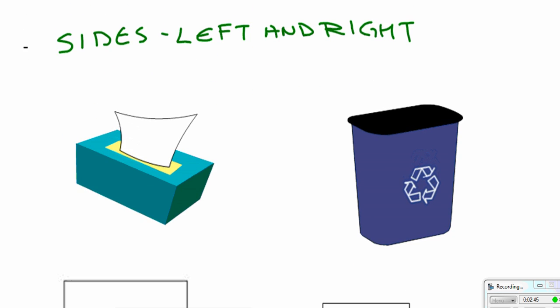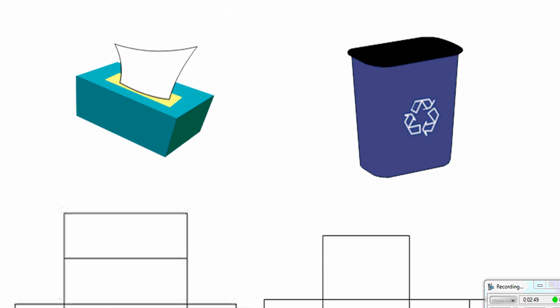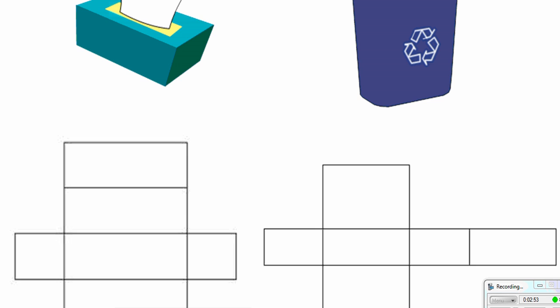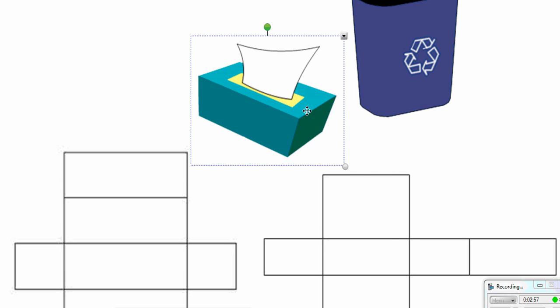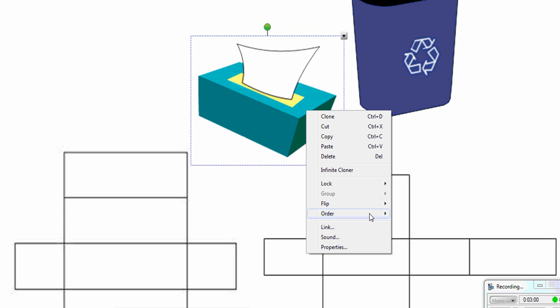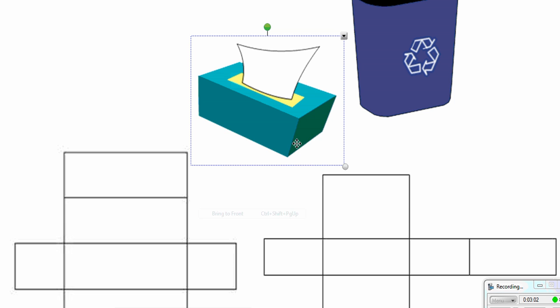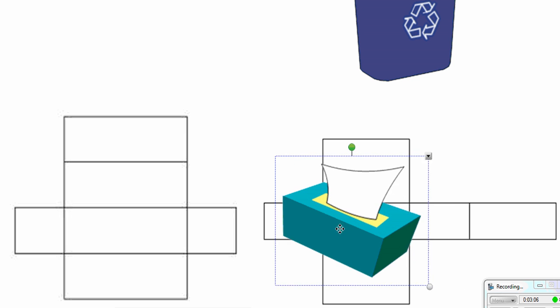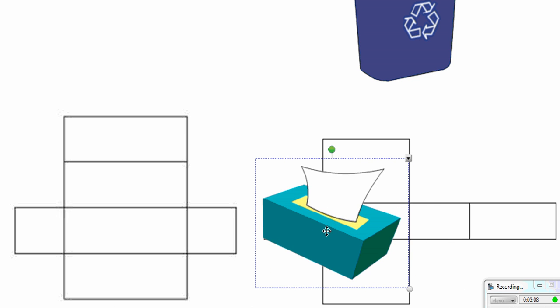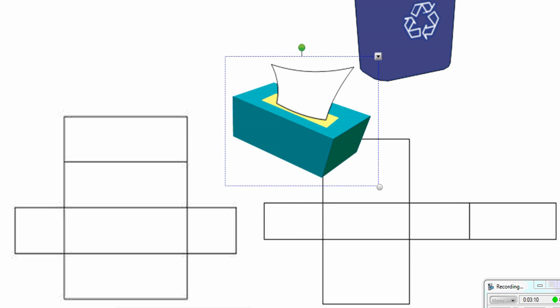So if we were looking at something like the Kleenex box or like the recycling bin, these are some possible nets. Sorry, I'm just trying to find a good spot. I'm going to slide this down here so that we can look at it side by side with the net on the left. And so on the Kleenex box, we've got the top of the Kleenex box.